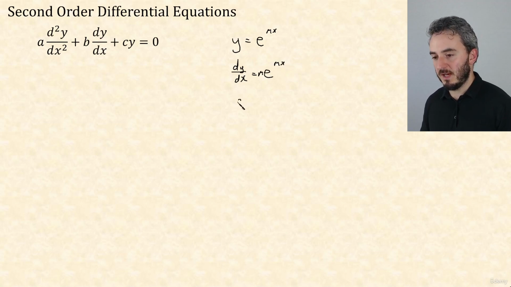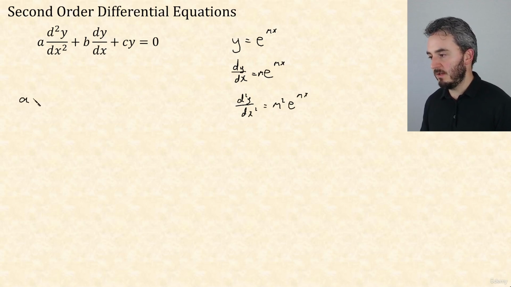In fact, they are the only candidates in these cases. Here are these derivatives, m squared e to the mx. Subbing in here, we get a m squared e to the mx plus b m e to the mx plus c e to the mx equals 0.